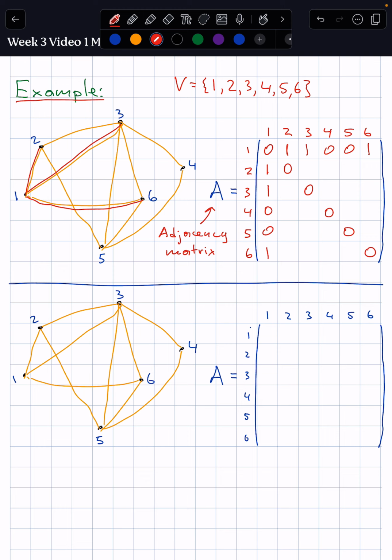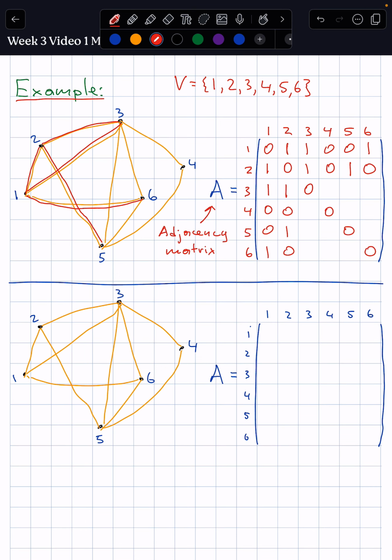So 2 is connected to 3 over here, so we put 1 here and 1 here by symmetry. 2 is not connected to 4, right? So zeros there. 2 is connected to 5, so it is this edge over here. So 1 and 1 there, and it is not connected to 6.